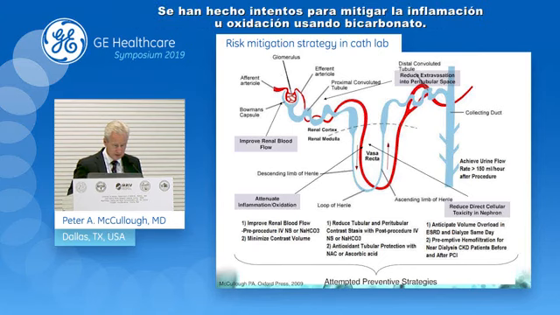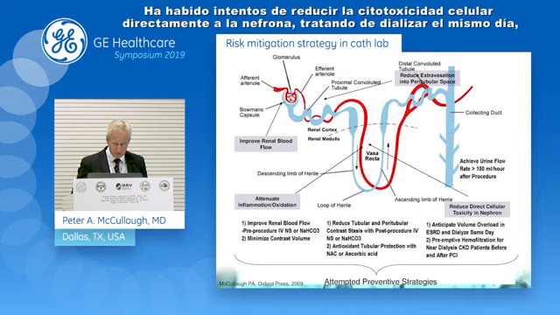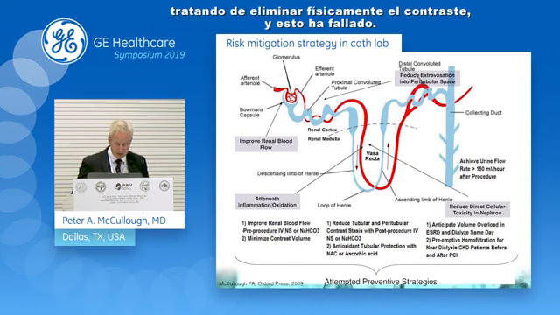There are attempts to attenuate inflammation or oxidation by using bicarbonate, and I'll just tell you that unfortunately has failed. There are attempts to reduce the direct cellular cytotoxicity to the nephron by trying to dialyze the same day, trying to physically remove contrast. That has failed.